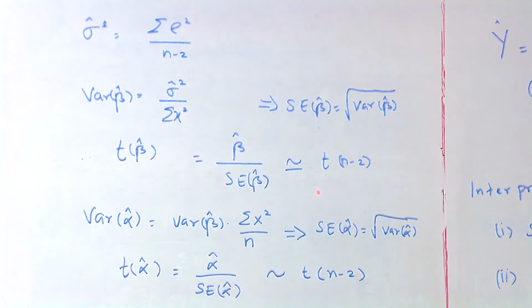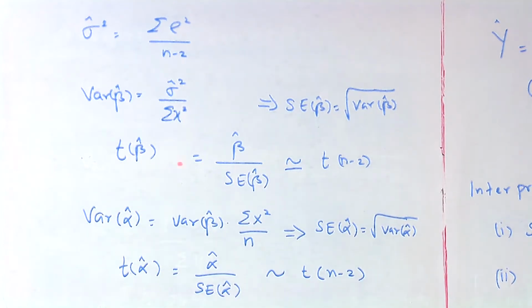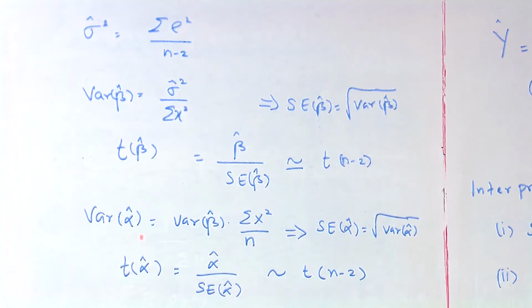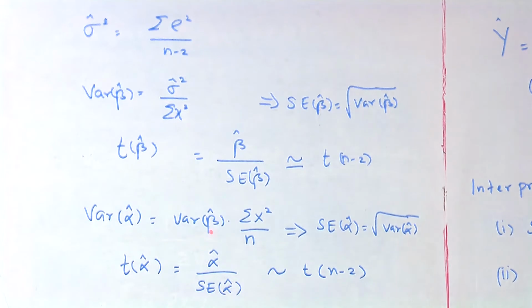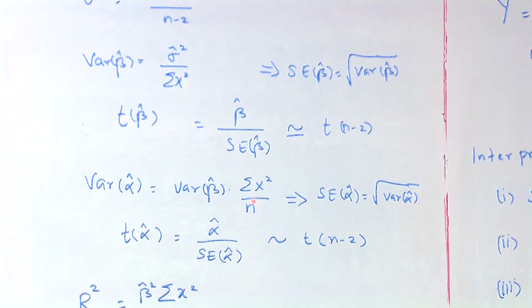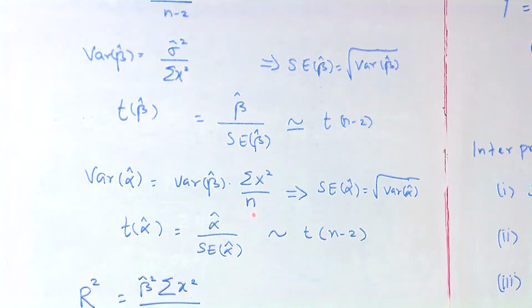We have to remember here that this is the t defined for the significance of beta, that is beta is taken as 0 here. So this ratio will be used as the t test for testing the significance of beta equal to 0. Similarly, the variance of alpha hat we already defined in terms of the variance of beta hat, that is variance of alpha hat is equal to variance of beta hat into sigma capital x square divided by n.